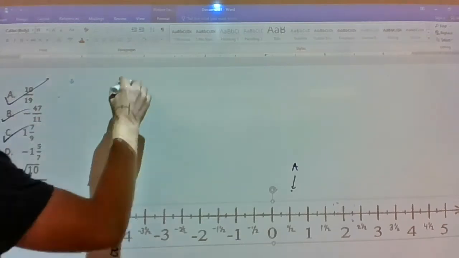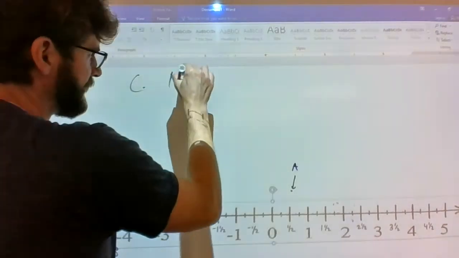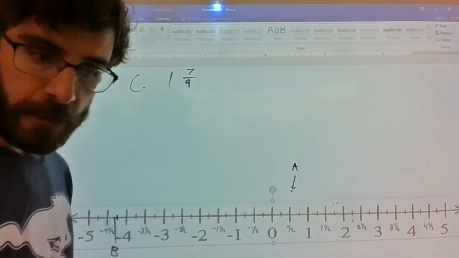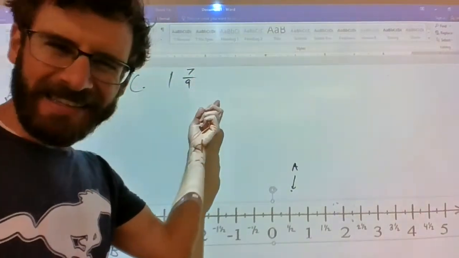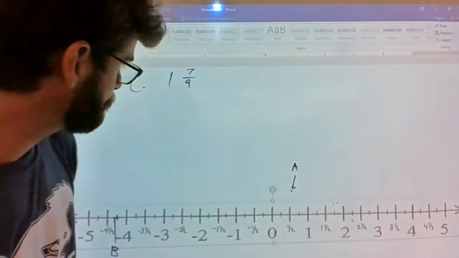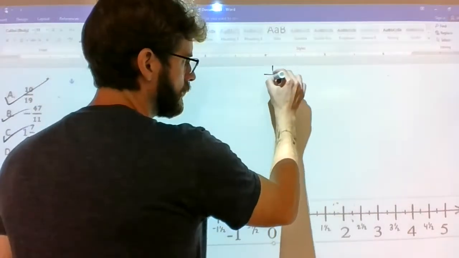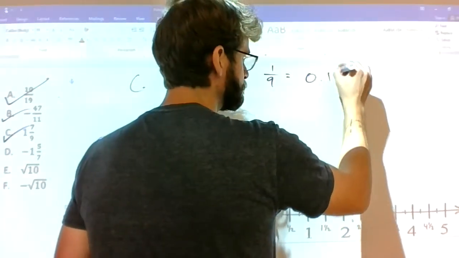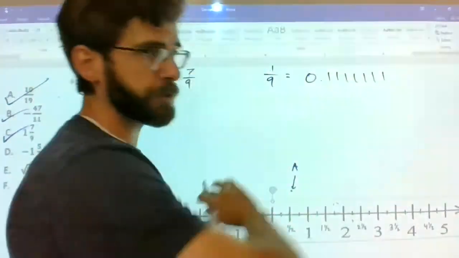All right. 1 7/9. Okay, so we talked about the 11ths. We talked about being really close to half. 7's not exactly half of 9, and it's not one of the 11ths, but it does have a pattern. 1/9 is 0.1 repeating. And it just keeps going on forever.